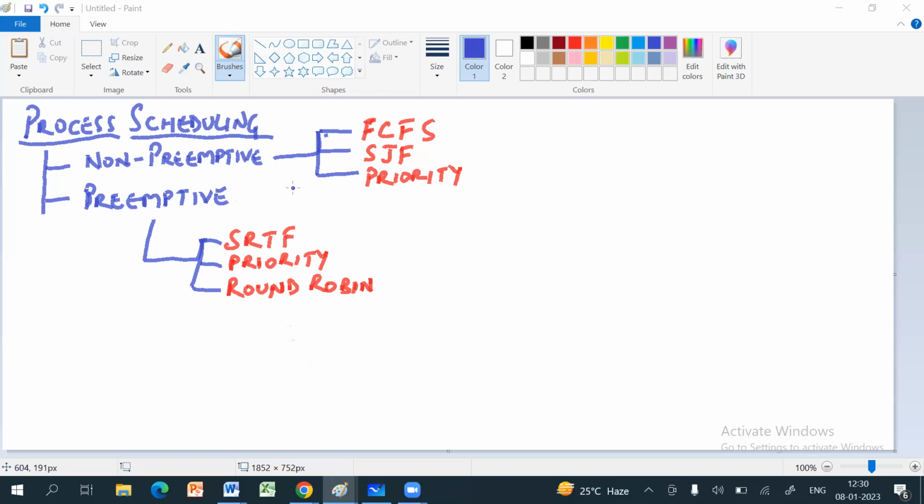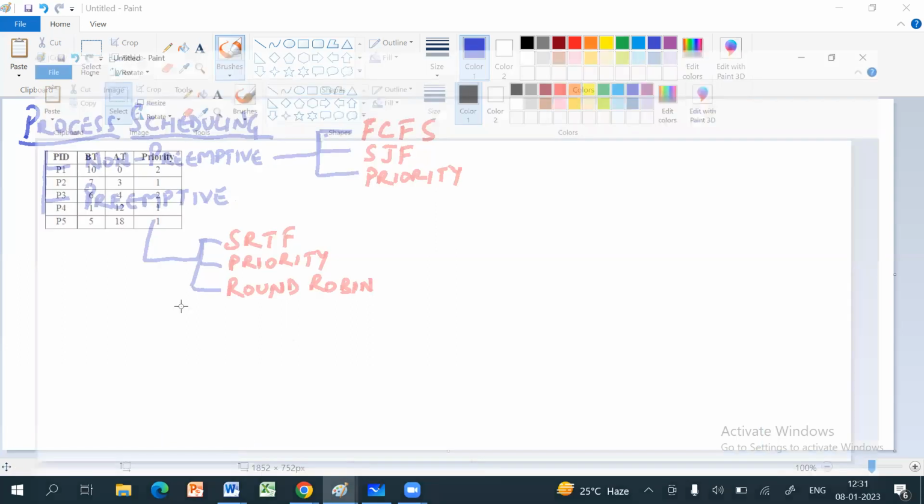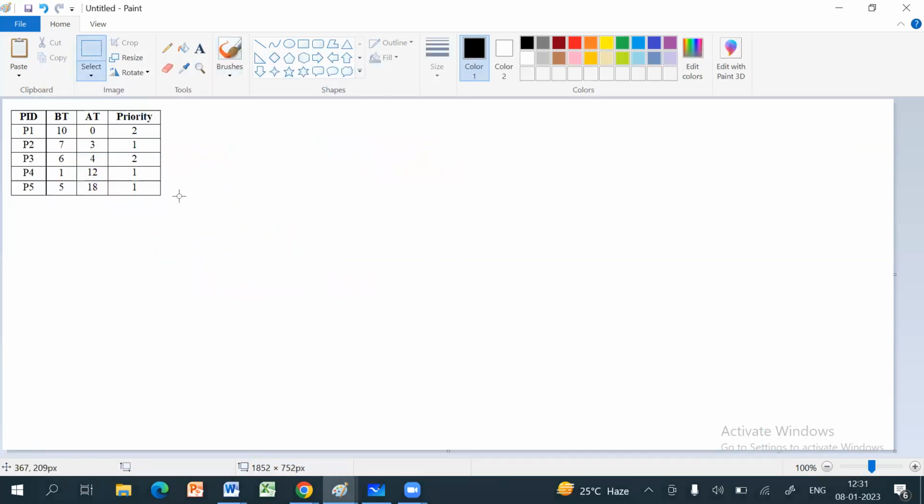In order to understand these techniques, we will take a sample exercise problem and move forward accordingly. Here is a small numerical. Let's say you are given 5 processes with their corresponding burst times.